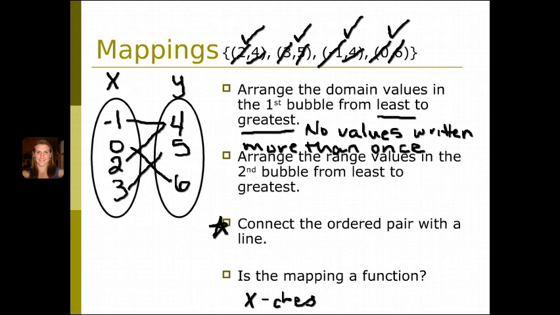So if x does not repeat, 1 only has one line coming off of it, so 1 is not written more than one time. 0 only has one line coming off of it. 2, one line, and 3 only has one line. So this is a function.